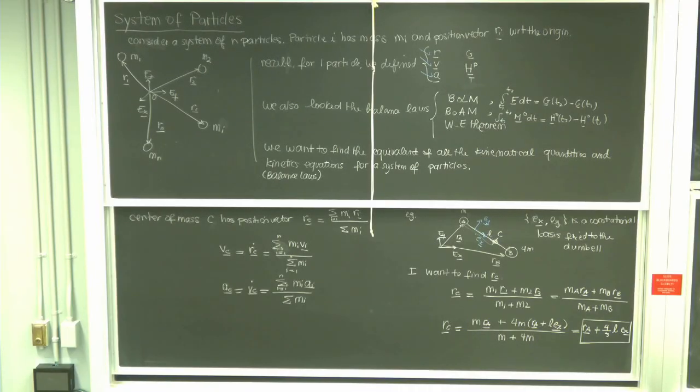So the linear momentum of the system of particles is the sum of the linear momenta of each individual particle. Can I write the linear momentum of the system in terms of the linear momentum of the center of mass?